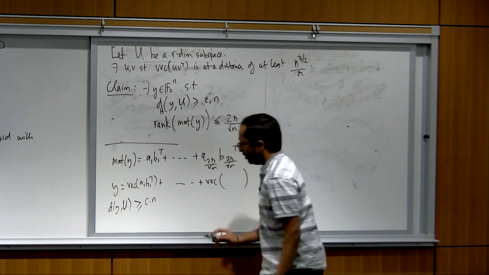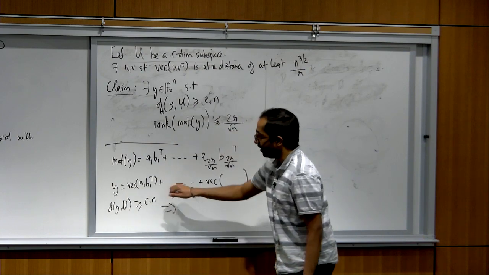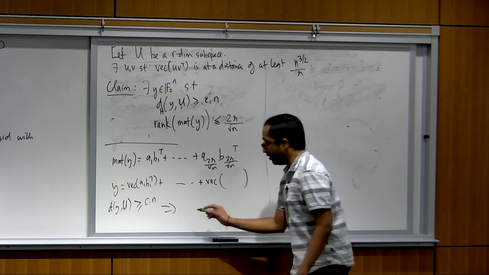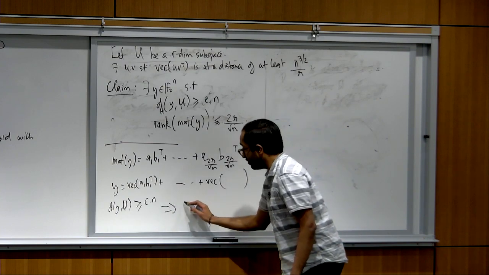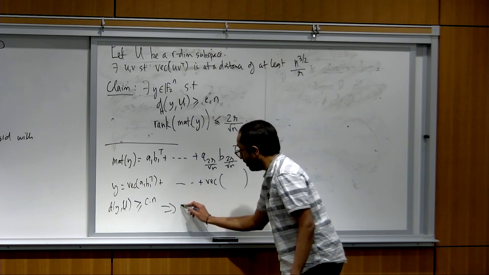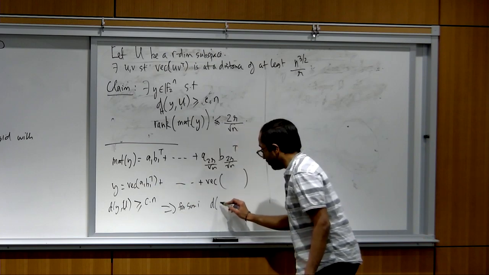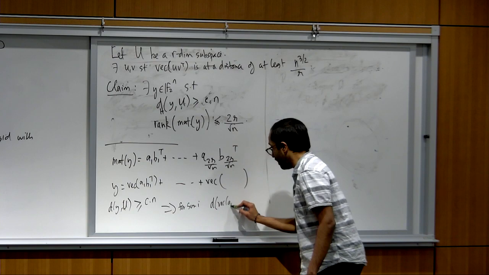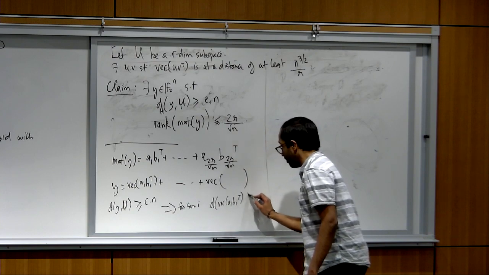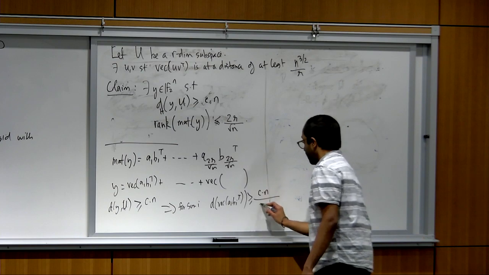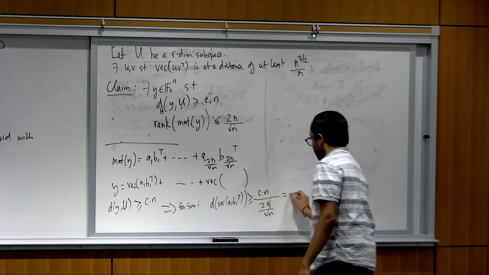So this should imply that there is one vector in the sum that's also far away from the vector space. That means that for some i, the distance of the vector of ai bi transpose is at least c n divided by 2r divided by square root n, which is what we want.